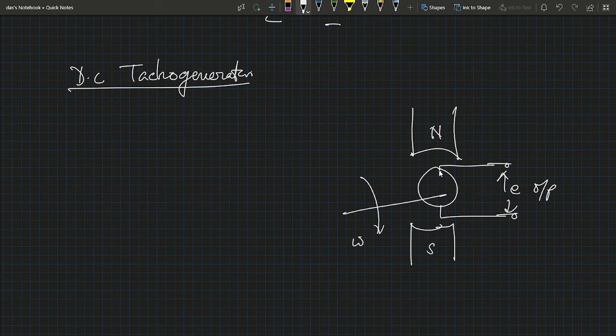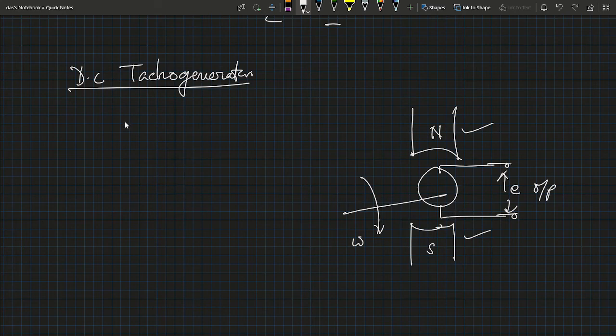It uses a permanent magnet for producing the magnetic field. This is the permanent magnet, 2 poles, and the tachogenerator is coupled to a shaft whose speed is to be measured. As the magnetic flux is constant due to the use of a permanent magnet, the induced voltage at the terminal of the armature is proportional to the shaft speed, and the polarity depends on the direction of the rotation.